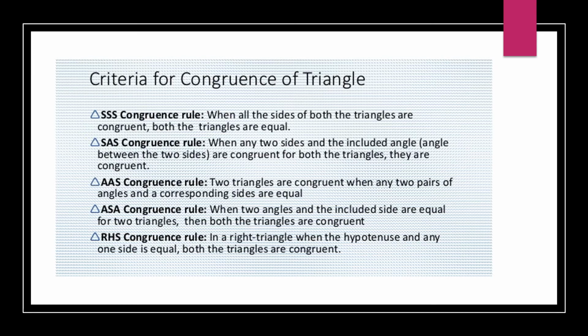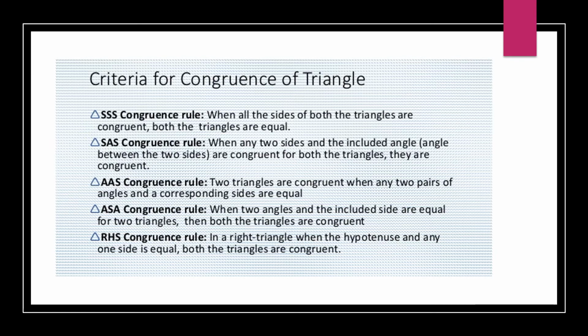The first one is the SSS congruence rule, in which all the sides of both the triangles are congruent, so both the triangles are equal. Second is the SAS congruence rule, that is side angle side, in which any two sides and the included angle are congruent for both triangles. So they are congruent.